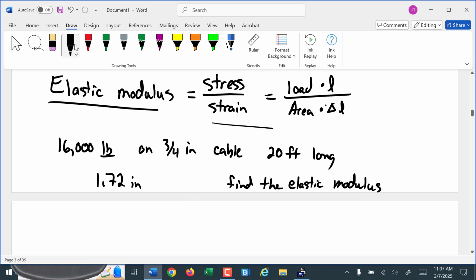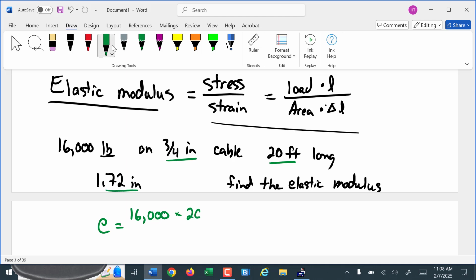So applying this formula, little e, by the way, is used for elastic modulus. We have the load of 16,000 pounds times the length. Well, again, the length is in feet. Everything else is in inches. So it's going to be 20 feet times 12 to convert it into inches.